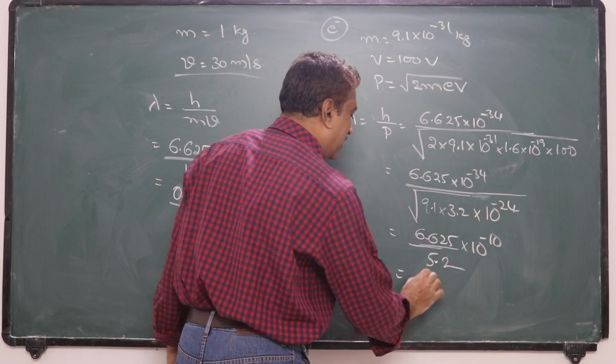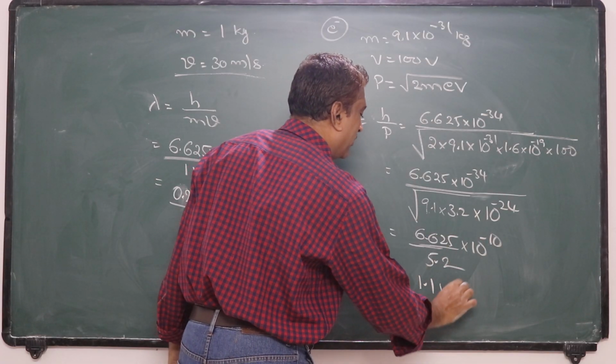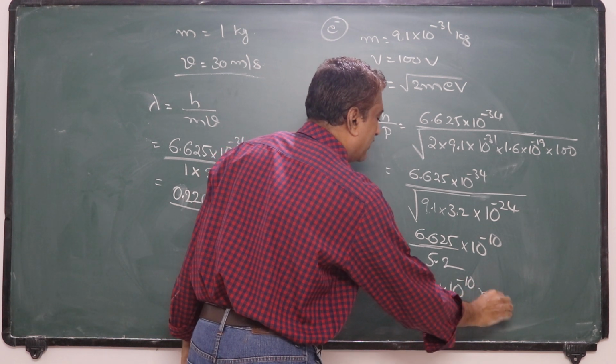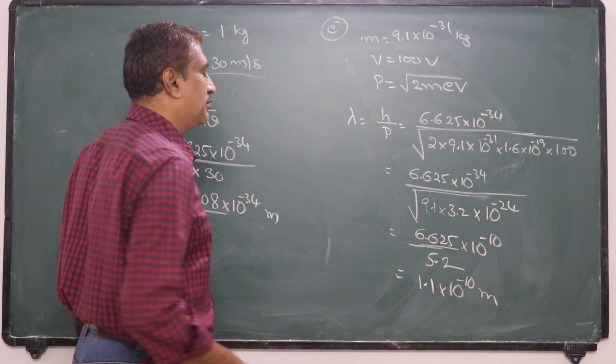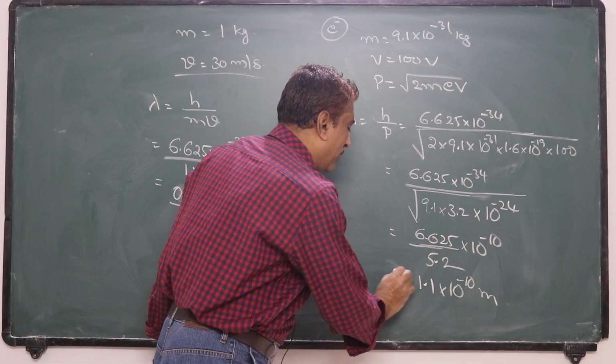Then cancelling, we get 1.1 into 10 to the power minus 10 meter, approximately.